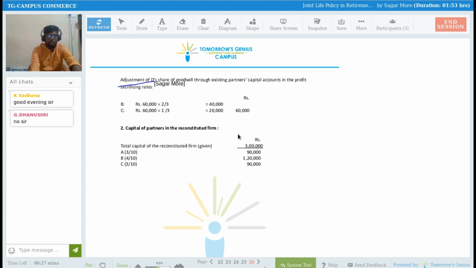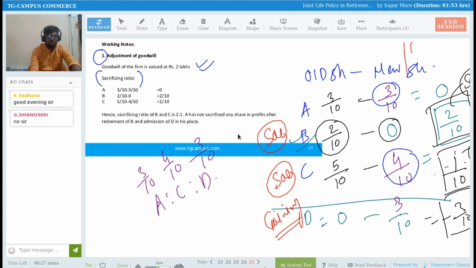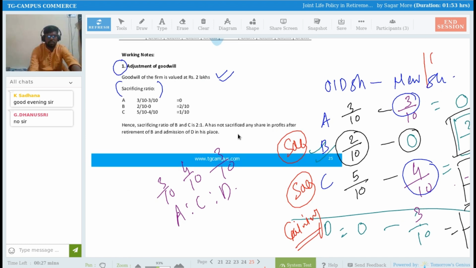Now, adjustment of D's share of goodwill through the existing partners' capital accounts in the profit sacrifice ratio. Okay, you see here, the sacrifice ratio of B and C. After retirement of partner A, the sacrifice ratio between B and C is how much?